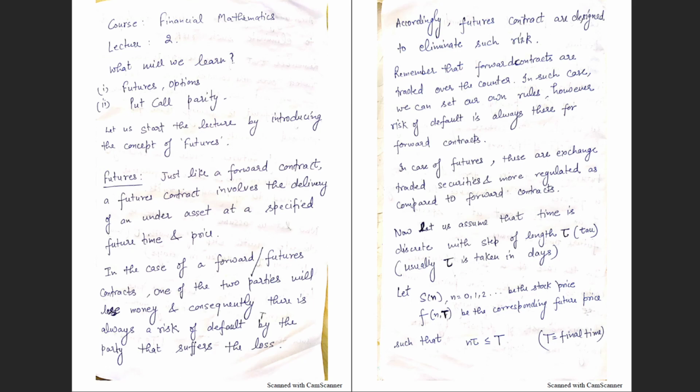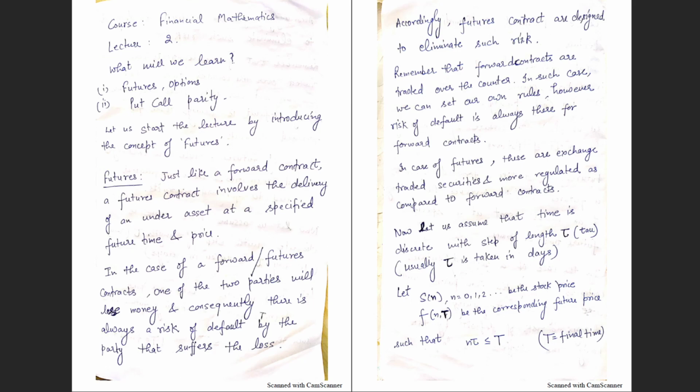But futures are exchange traded. So the role of the exchange in a futures contract is prominent. They set a set of rules and regulations and so many things, and that's how they manage to eliminate the default risk. We'll learn how they do it.